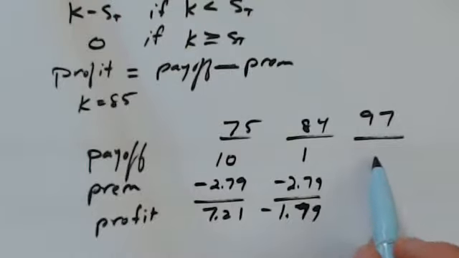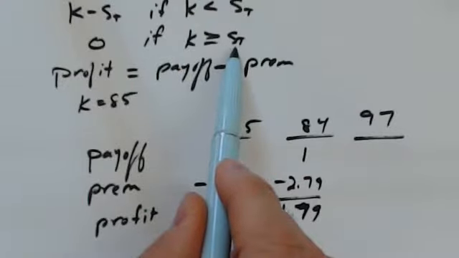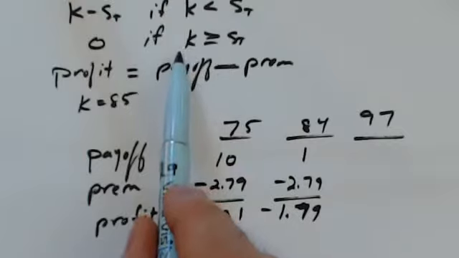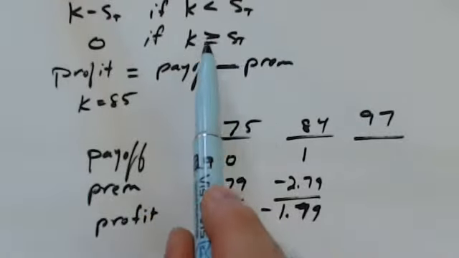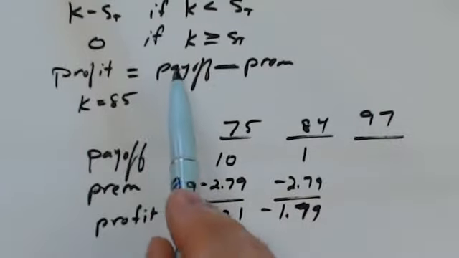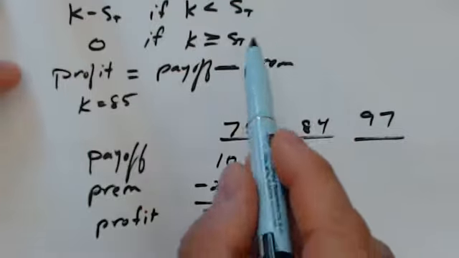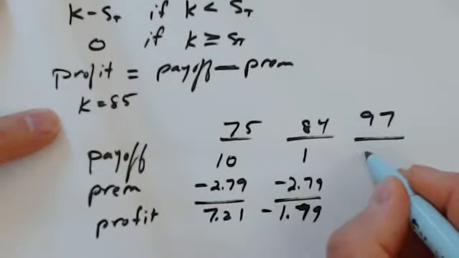Now at 97, the option is out of the money. K is 85, and the stock price is 97, and the payoff is 0.